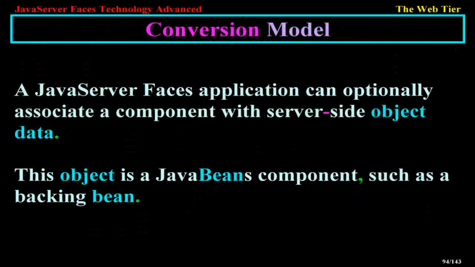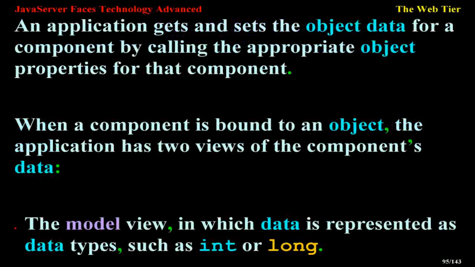A JavaServer Faces application can optionally associate a component with server-side object data. This object is a JavaBeans component, such as a backing bean. An application gets and sets the object data for a component by calling the appropriate object properties for that component. When a component is bound to an object, the application has 2 views of the component's data.